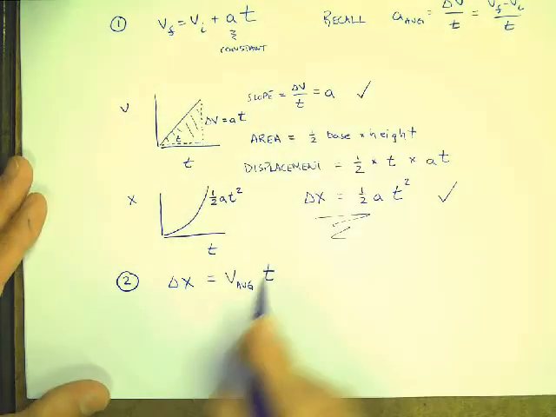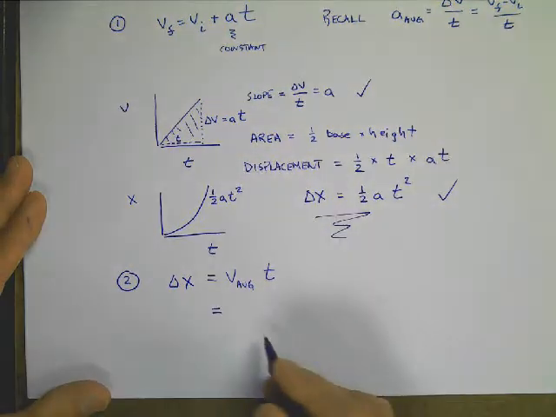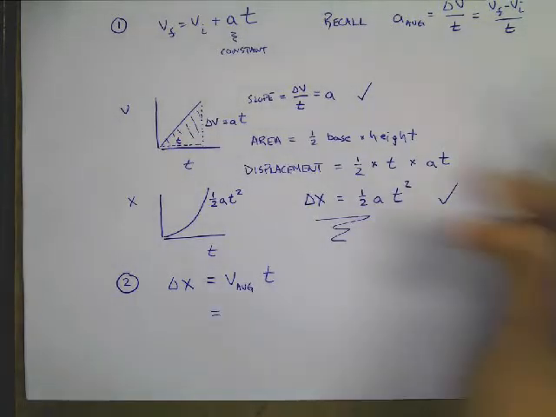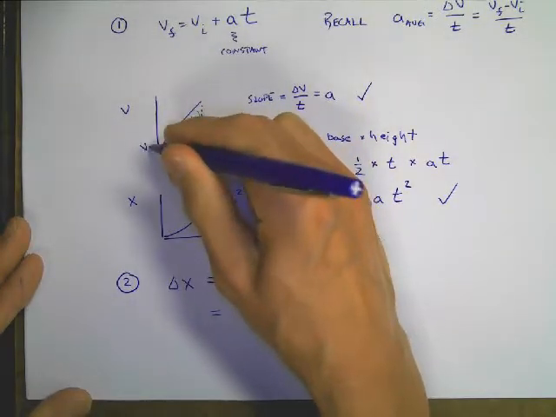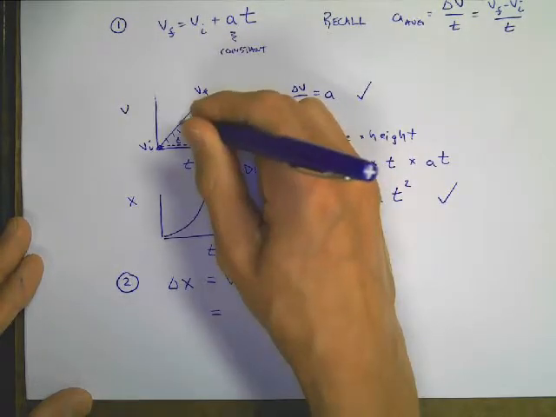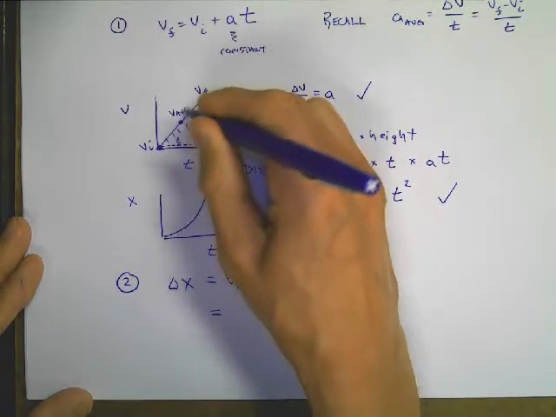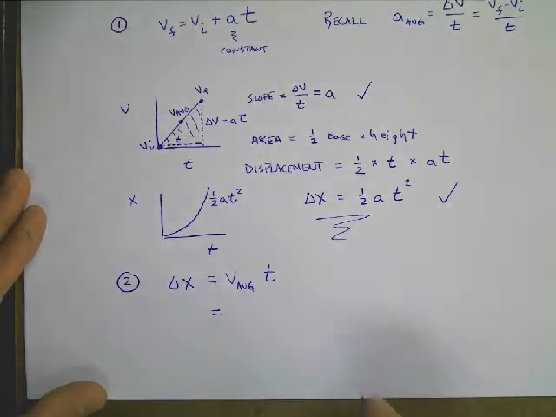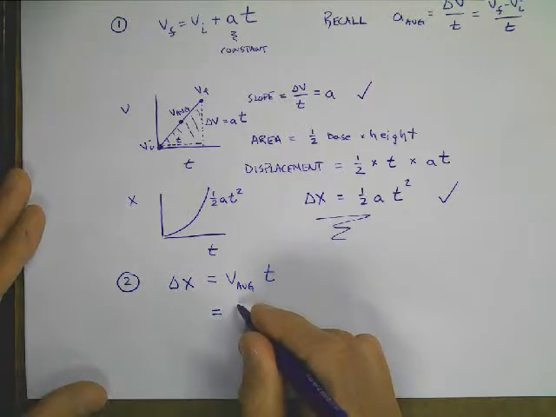Okay. And so now I'm going to be clever, and I'm going to say, well, average velocity. Average means my middle value. So if I'm starting here with some v initial, and I'm ending up here with some v final, my average is going to be kind of in the middle, right? It's right on the middle there. So a math way to represent that would be to say, how do you find the average of those two endpoints?